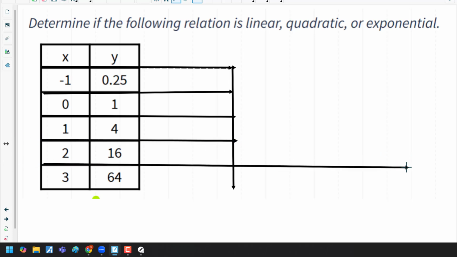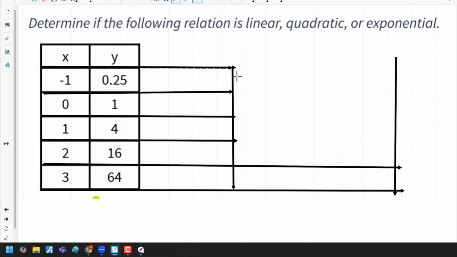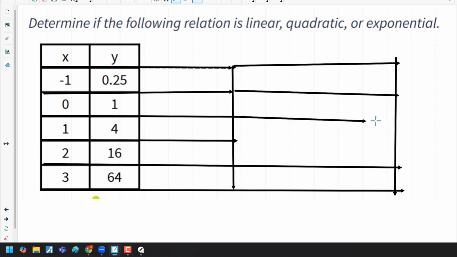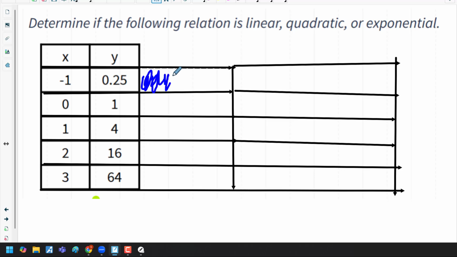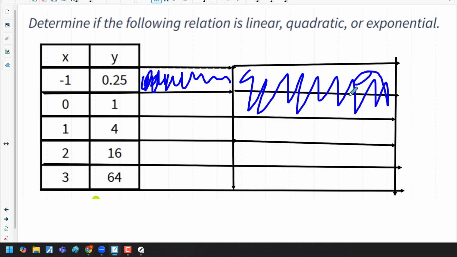I just realized I have to make 2 columns anyways, so might as well extend them. Okay. So you have your table of values, and you make 2 more tables right next to each other. For first differences, you usually block out the first block there, and for second differences, you block out the first 2 blocks there.